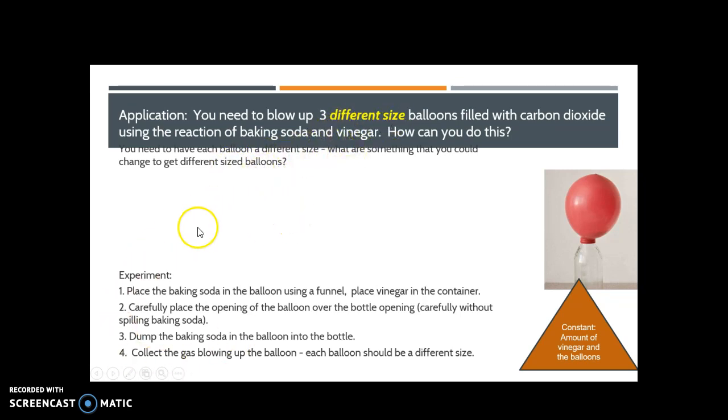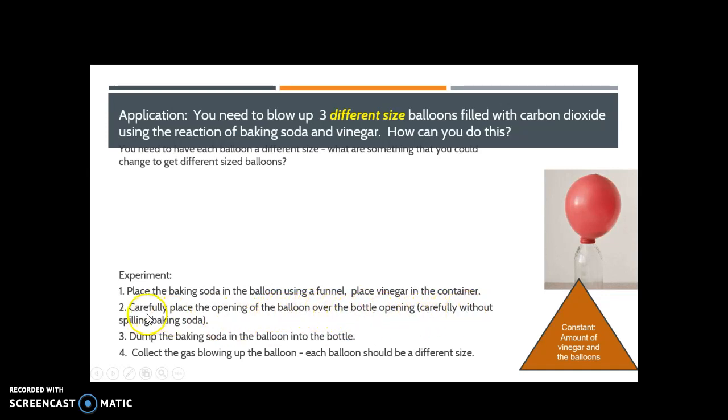Let's go down and read our conditions to see how this experiment is going to be set up. Then we have to look for what is constant, what is going to stay the same, and what we can change. In the experiment, we're going to place baking soda in a balloon using a funnel, and we're going to place it aside. Then we're going to place vinegar in each of the containers. Next, we're going to carefully place the opening of the balloon over the bottle opening.